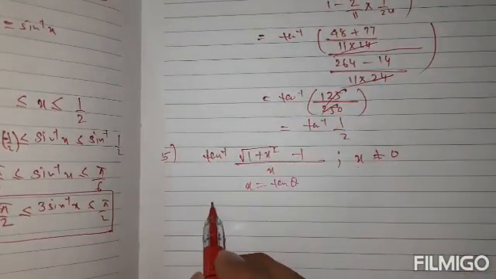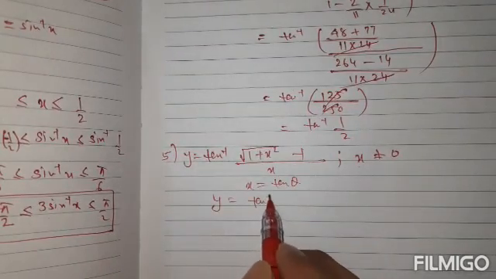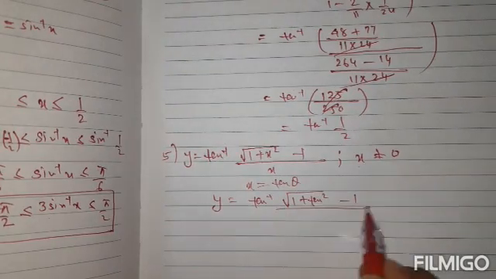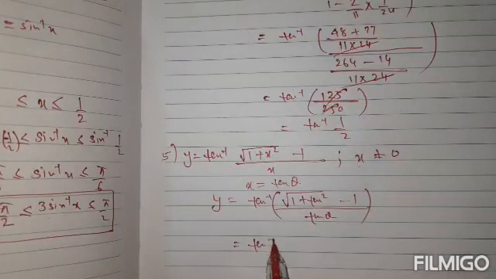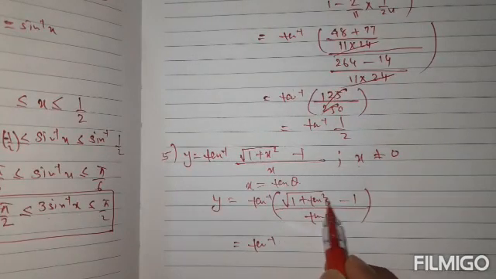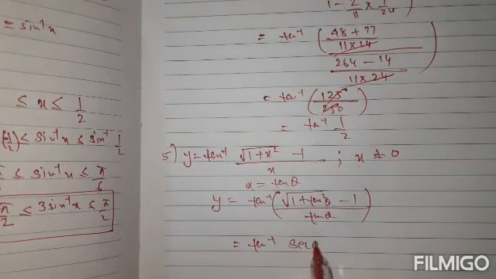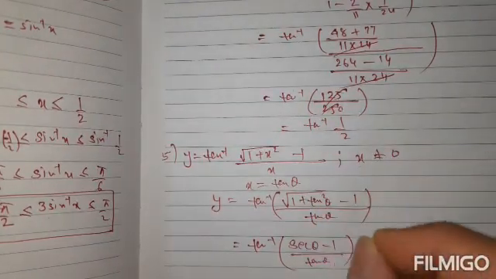So suppose this expression is y, so y becomes tan inverse of (square root of 1 plus tan square theta, minus 1) upon tan theta. See, 1 plus tan square theta is sec square theta. So under root, sec square theta is sec theta, minus 1 upon tan theta. Now, although the square root is removed, this still looks somewhat complicated.